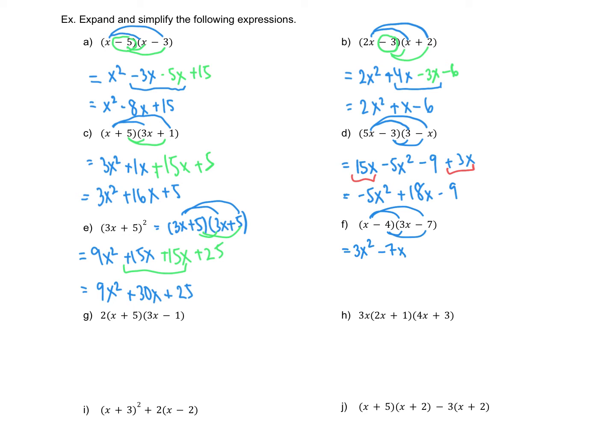Then we have negative 4 times 3x is negative 12x, and negative 4 times negative 7 is positive 28. Now to collect, again, it's the middle terms, and be careful with your signs here. You're not doing 7 minus 12, you're doing negative 7 minus 12, which is negative 19x, and then plus 28 at the end. So if you got that, great. If you didn't, check to see where you messed up so that you don't make that mistake in the future.